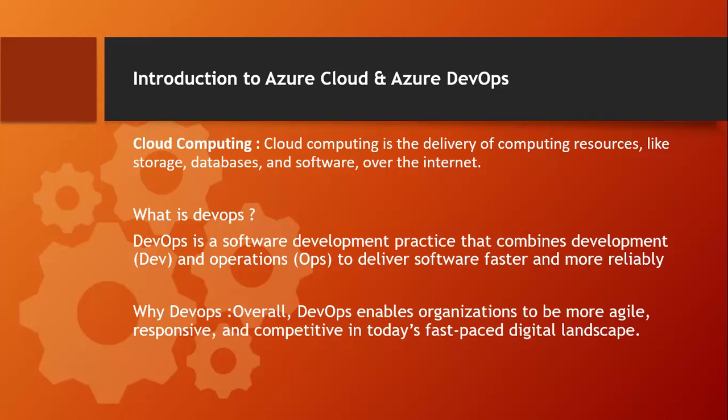To identify that in a faster manner, with better results, and to make the application reliable, we are going to implement the practice of DevOps. That is the purpose of DevOps here.